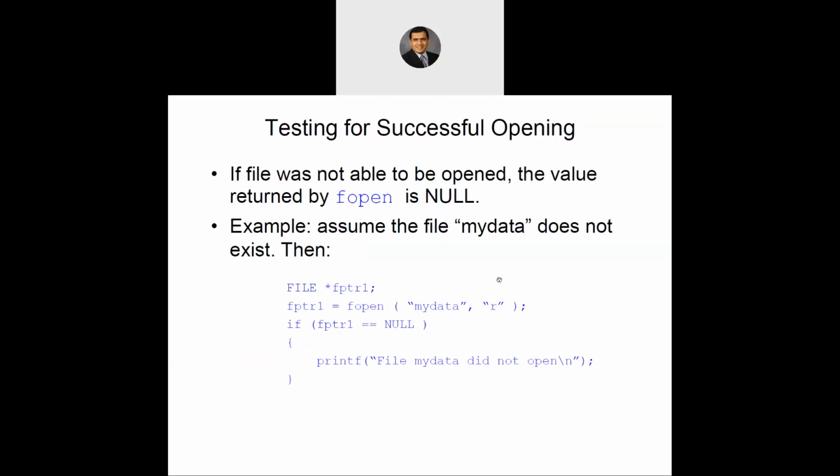You can test if your file exists or does not exist. How? By using this code. I'm creating a file pointer, and then I'm associating my file pointer with a file known as mydata. I'm opening it in the read mode. And then I'm saying, if my file pointer is NULL, that means the file mydata did not open.